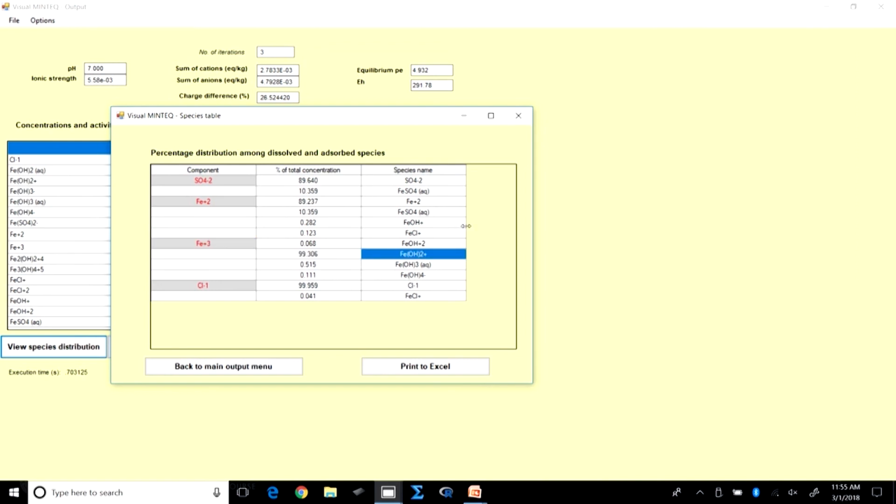More than 99.9% exists as complexes, and a negligible amount of the total Fe3+ exists as free metal. So when you plug in the relevant values in your pe equation for the reduction of Fe3+ to Fe2+, you see that the pe value is now much lower.